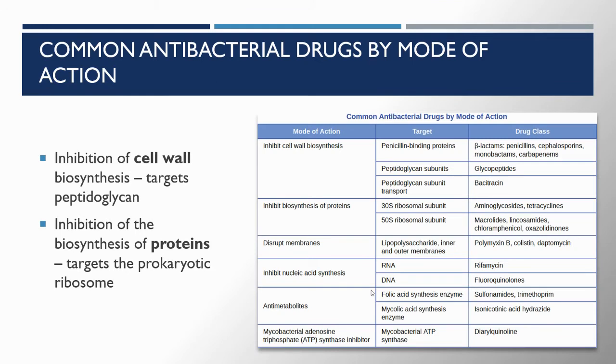So the mode of action, or the targets that we look for in antibacterials, some common ones, are those that inhibit cell wall biosynthesis. They look at the production of peptidoglycan. Our gram-positives in particular have to keep producing peptidoglycan. Every time they grow and divide, they need to build more cell wall components.